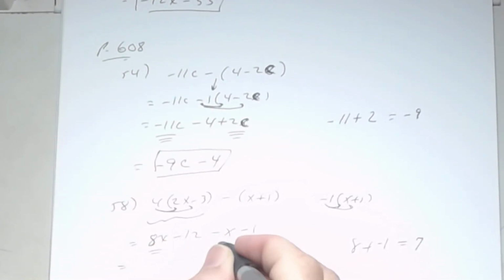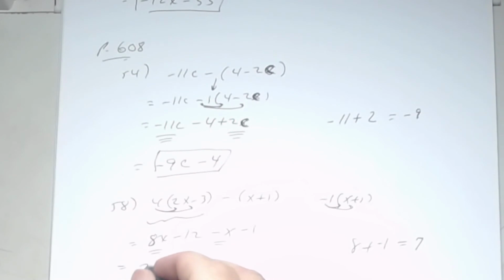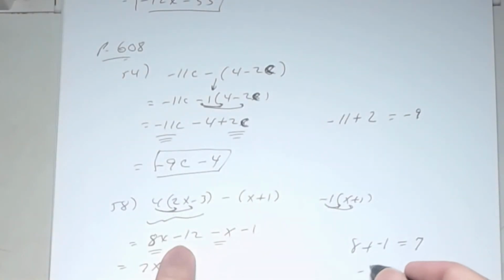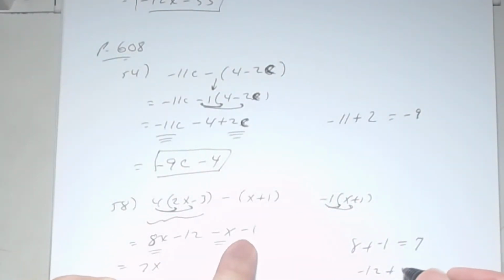So 8x and negative x is a 7x. All right, now in terms of your constants, what's this constant? Plus, what's this constant? And using a calculator, what's negative 12 and a negative 1? Negative 13. So the answer is 7x minus 13. Okay.